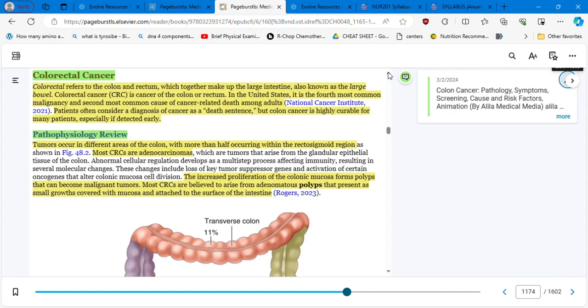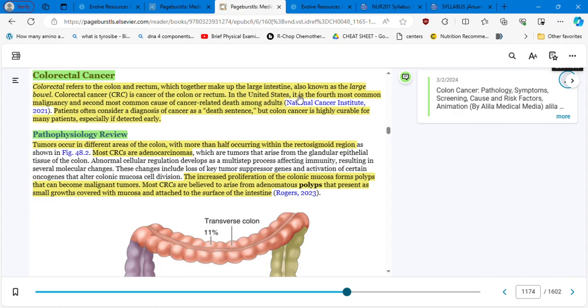Colorectal cancer refers to the colon and rectum, which together make up the large intestine, also known as the large bowel. Colorectal cancer, which we are going to call CRC, is cancer of the colon or rectum. Okay, so the colon: ascending colon, transverse, descending colon, or rectum.